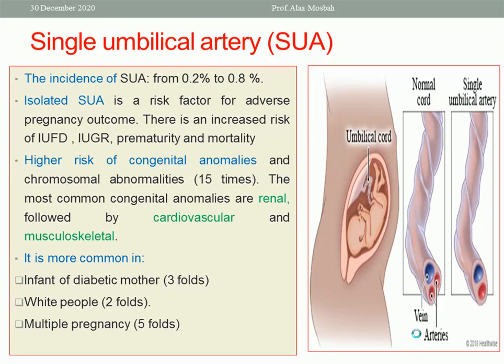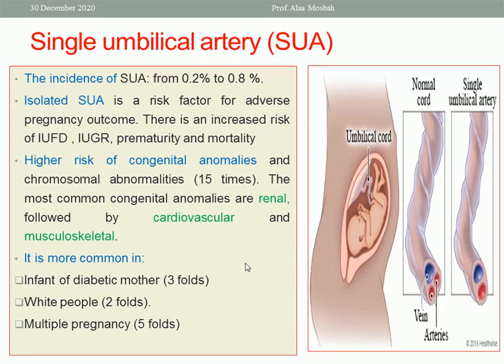So, what is the risk of the presence of even an isolated single umbilical artery? Intrauterine growth restriction, intrauterine fetal death, prematurity, and fetal mortality, intranatal or perinatal. And when you discover a single umbilical artery during pregnancy, during screening in the mid-trimester and third trimester, you should search for congenital anomalies.